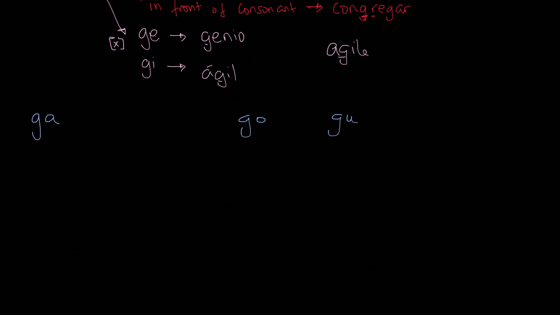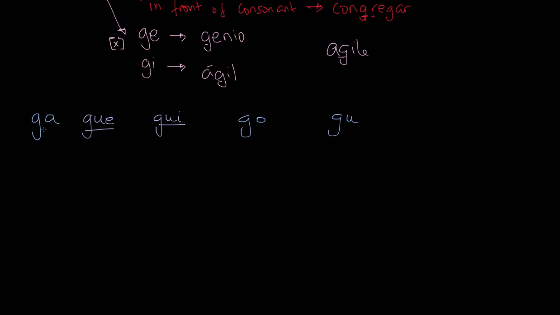Now at this point, Spanish spelling had to become creative. And what does Spanish spelling do to make up for this problem? Right, so we spell it like this. This reads ge, and this reads gi.